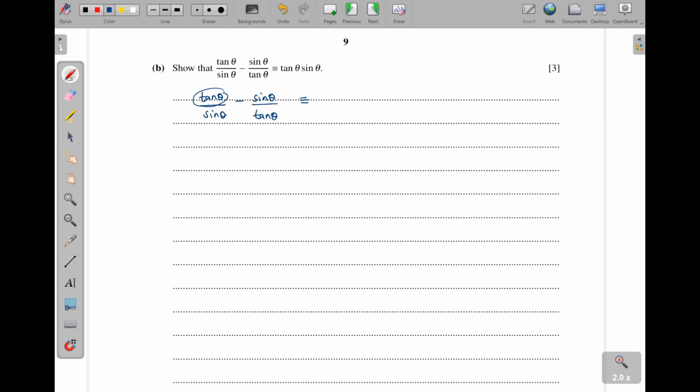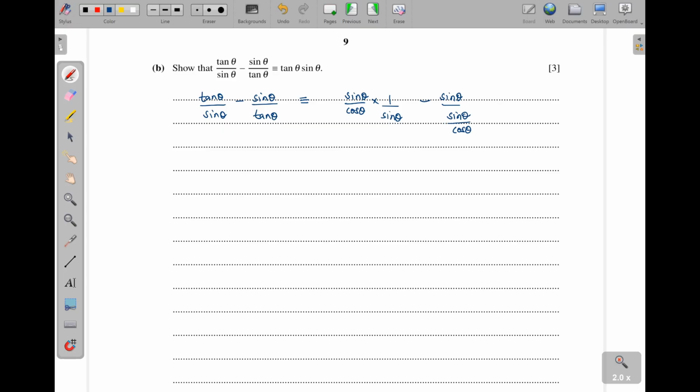So tan is sine theta over cos of theta, but here there is over sine, so I'll just say times 1 over sine theta, okay? Then minus, this one is going to be sine theta over 1. Then this is sine over cosine, which I'm going to write as sine theta over cosine of theta.